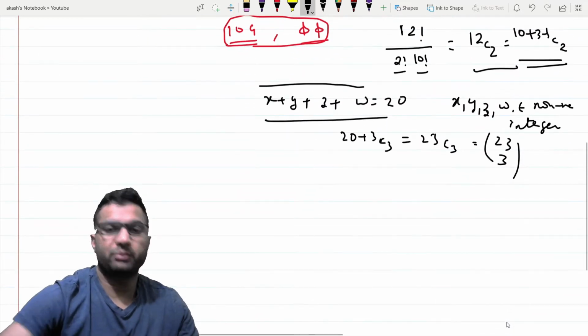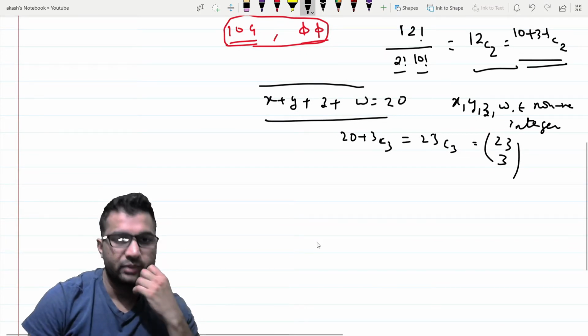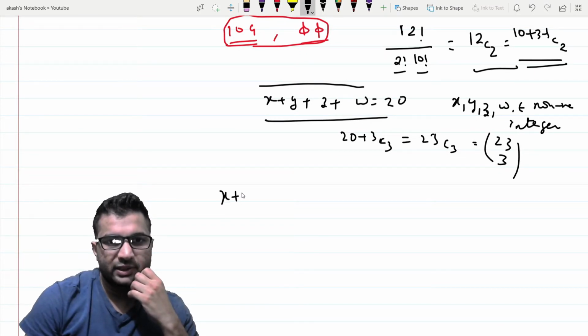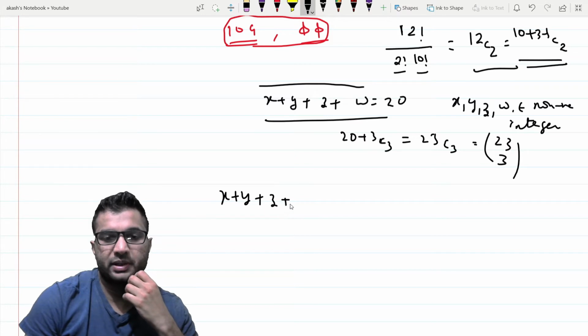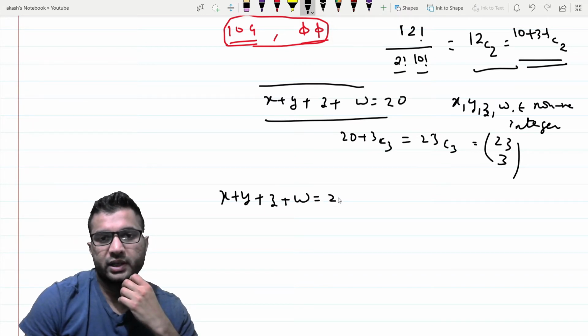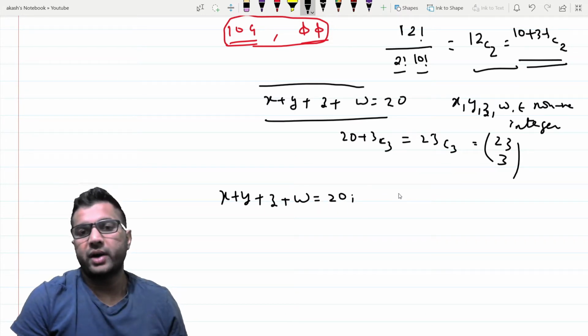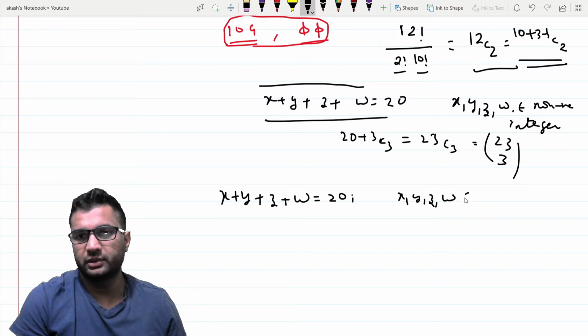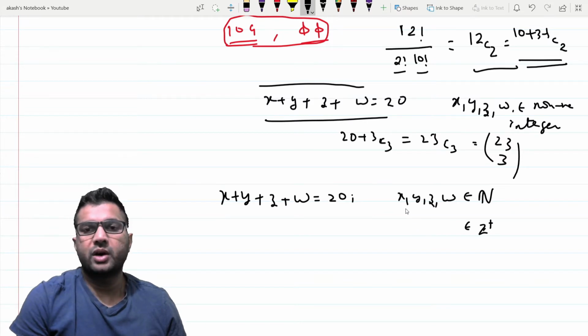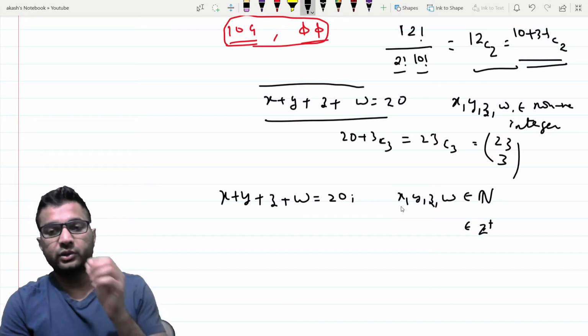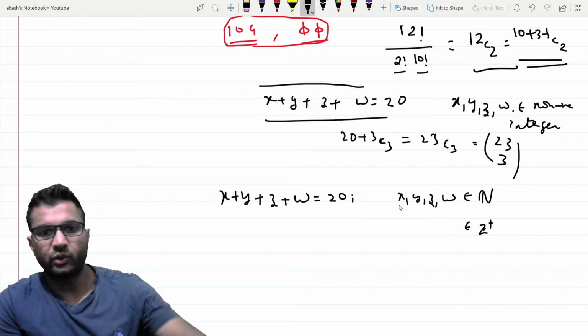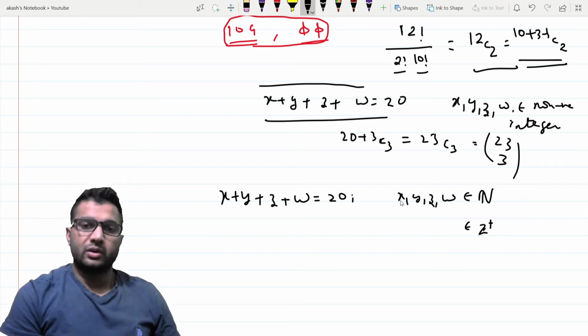So let's have a further constraint on this problem. If I have x plus y plus z plus w equal to 20, now I have the constraint that these four variables x, y, z, w are natural numbers, or you can say positive integers. So now x, y, z and w can assume only values like 1, 2, 3 and so on.